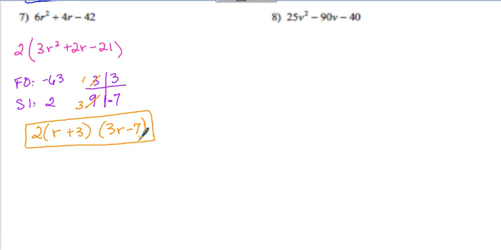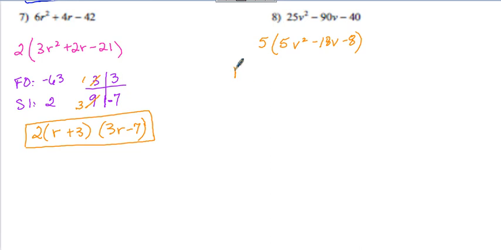Number 8 also has a greatest common factor. It has a greatest common factor of 5. Factor out the 5 first before you do anything else. And you'll leave behind 5v squared minus 18v minus 8.